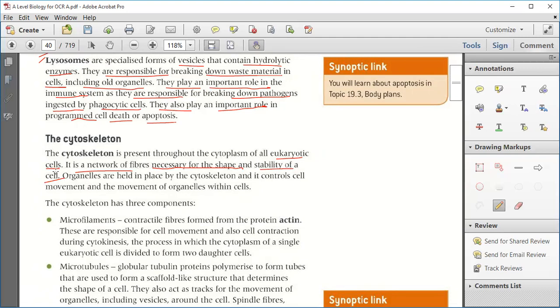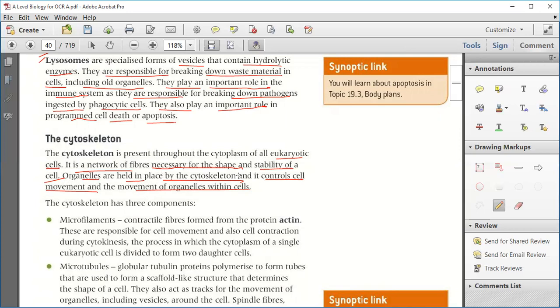Organelles are held in place by the cytoskeleton, and it controls cell movement and movement of the organelles within the cell. The cytoskeleton is just like a skeleton in our body, as our skeleton gives us structure and shape. Inside a cell, the cytoskeleton plays the same role.